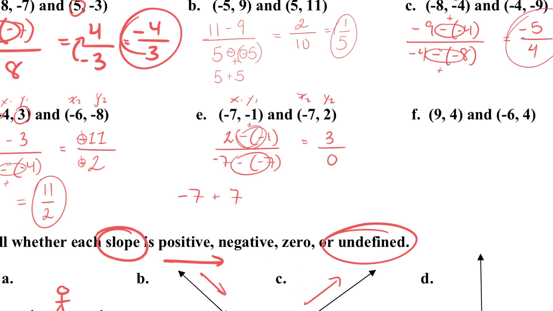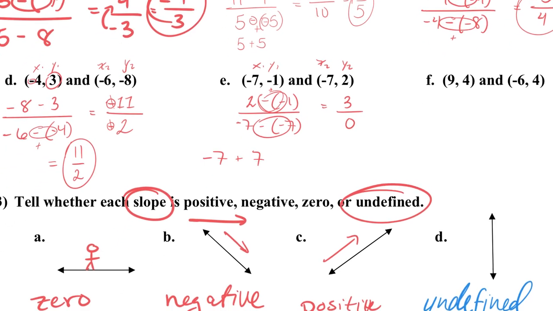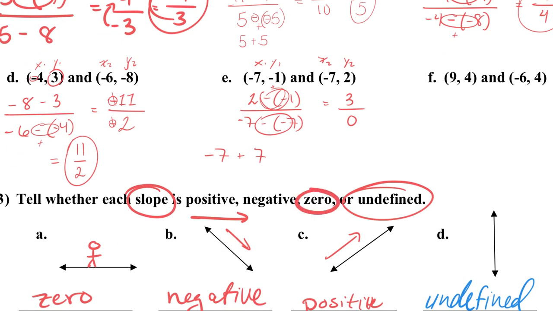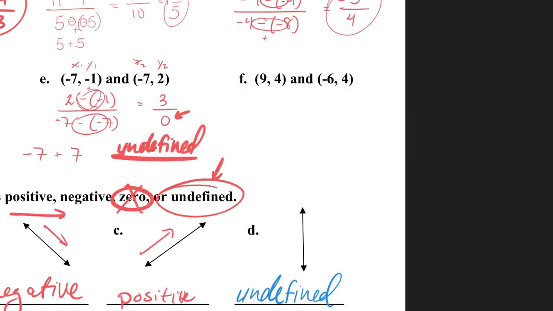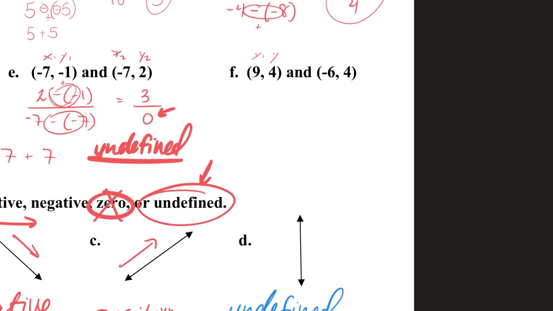What this does not mean is a slope of 0. If you were to pick up a calculator and try to divide by 0, it would say error. If you have a slope with 0 on the bottom, you have an undefined slope. So in this case, it is undefined.